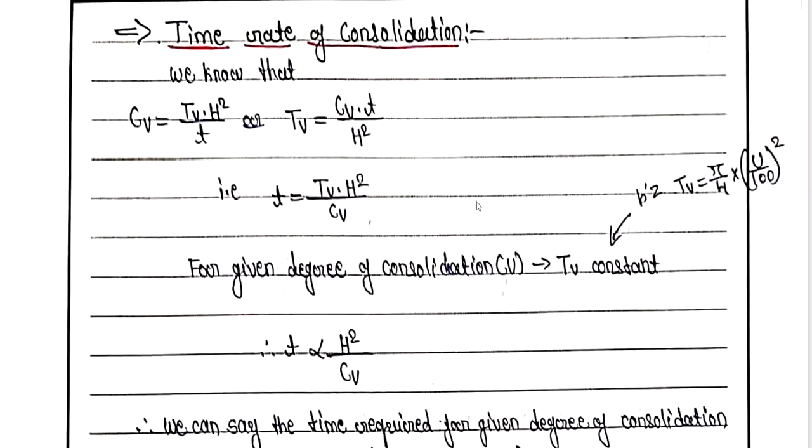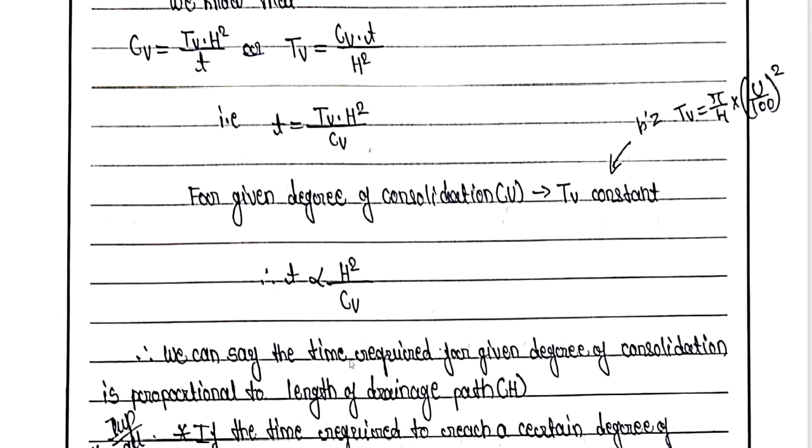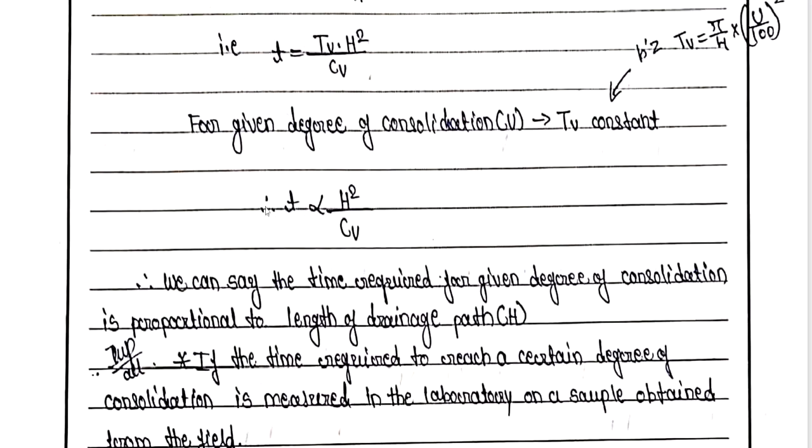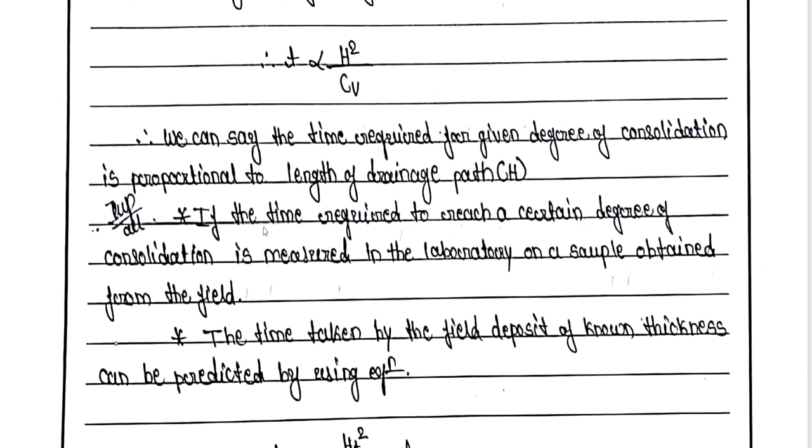Now this time rate of consolidation will depend upon H and Cv. So we can say that the time required for a given degree of consolidation is proportional to the length of drainage path H. If the time required to reach a certain degree of consolidation is measured in the laboratory on a sample obtained from the field, the time taken by the field deposit of known thickness can be predicted by using this particular equation.